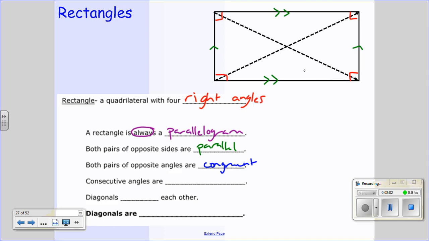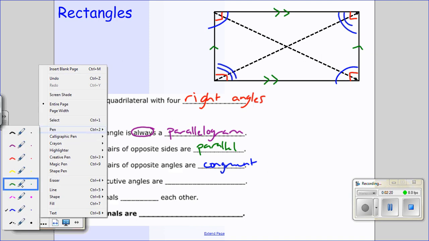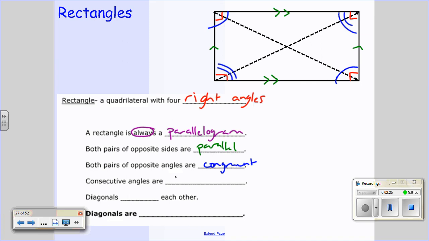So as you can see, my opposite angles, this angle here is congruent with this angle here. This angle is congruent with this angle. Technically, they're all congruent with each other because they're all 90 degrees. The consecutive angles are supplementary.